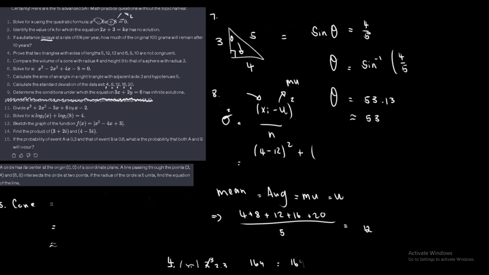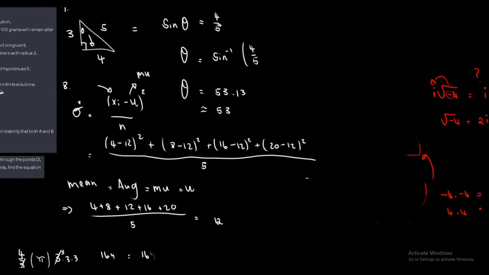We're going to add this plus 8 minus 12 squared plus 12 minus 12 is 0, so I'm not going to write that one. So it's going to be 16 minus 12 plus. You see, you can do all these little things to save you time in the SATs. And I'm going to divide this over n, which we said was 5.